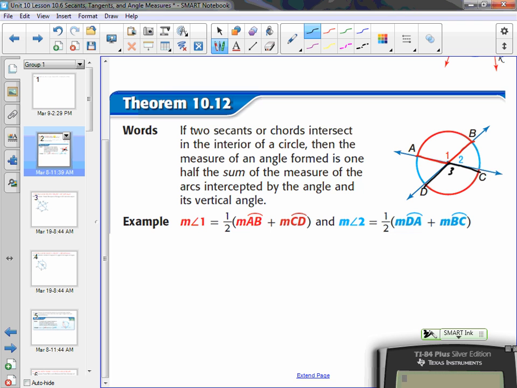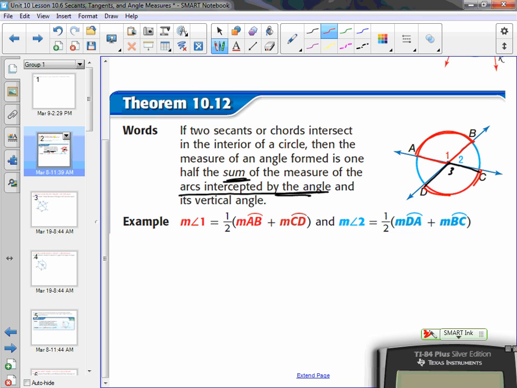So we add together the measures of the arcs intercepted by the angle, the red arc intercepted by angle 1, and its vertical angle, the red arc intercepted by angle 3. So we add together the measures of arc AB and arc CD, take half, and that's the measure of angle 1. Now, since angle 3 is its vertical angle, that's also the measure of angle 3, isn't it?